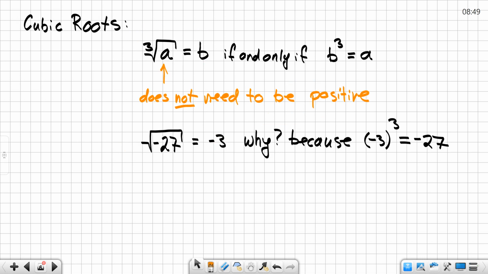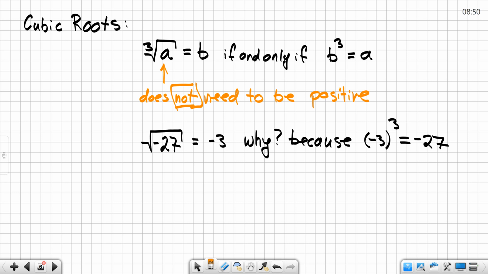All right, let's do some cubic roots. Cubic roots, so we're going to slowly back up with the numbers in the index, in the indices. The cubic root of a is equal to b if and only if b cubed is equal to a. So this is almost the exact same thing as before, but this number underneath here does not necessarily need to be positive.